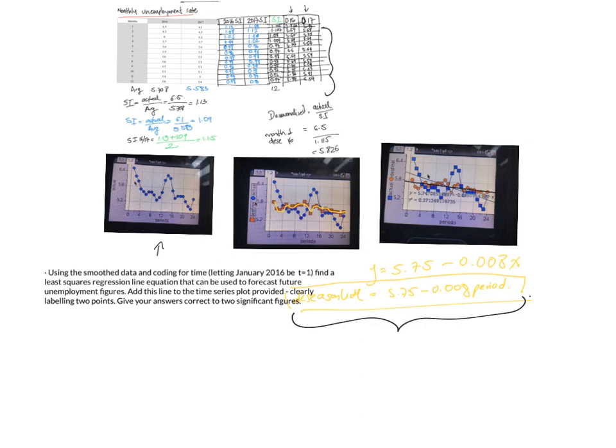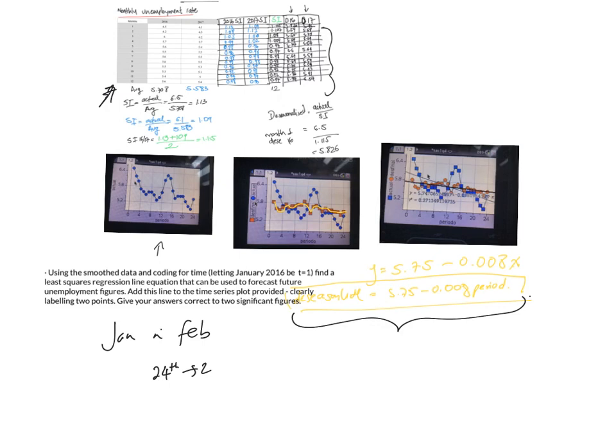In the next point, they're asking us to do the forecasting for January and February for the following year. So if we said originally that 12 was our first year, 24th will be our second year.